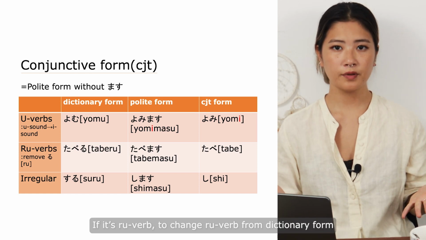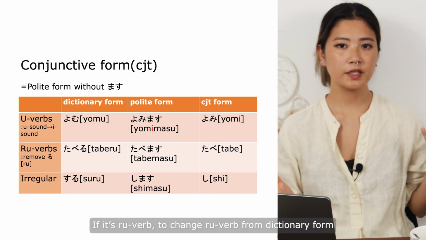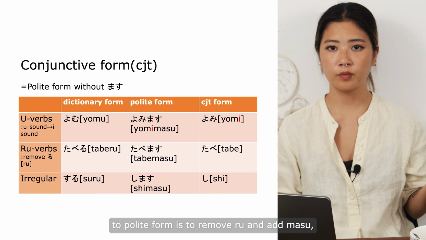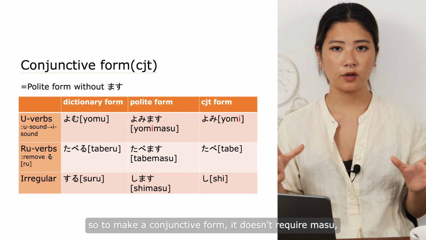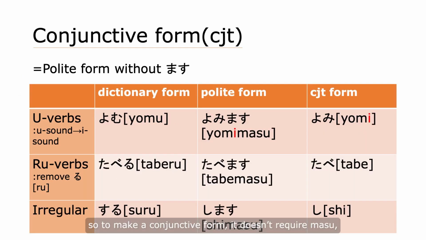For a ru verb, to change the dictionary form to the polite form you remove ru and then add masu. So to make a conjunctive form, it doesn't require masu. You can just remove ru and that's the conjunctive form.